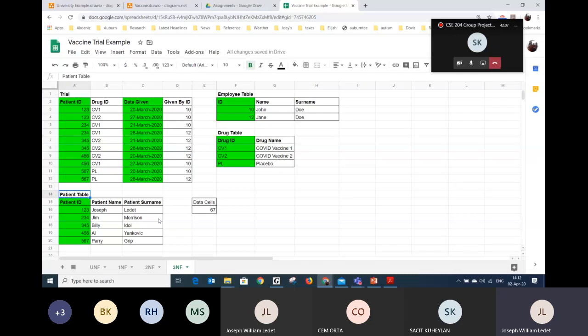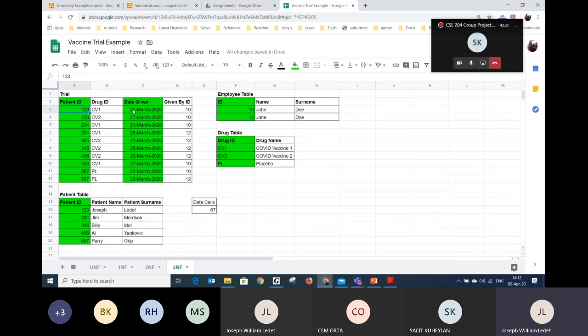And let's say I wanted to ask somebody, can you give me a list of all the drugs and employees that Joseph Leday has, all the drugs he's taken and all the employees that have administered his trials? If we had them all on separate tabs, it'd be hard for you to find it because you'd have to say, okay, patient 1, 2, 3. Let me go to the trial tab.